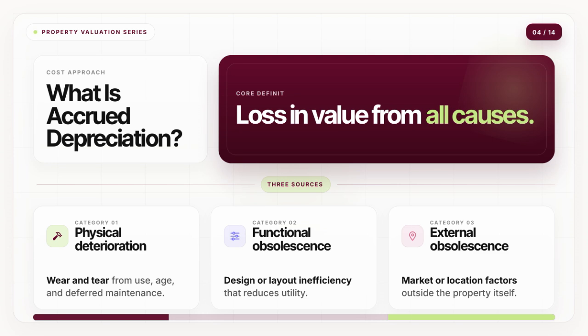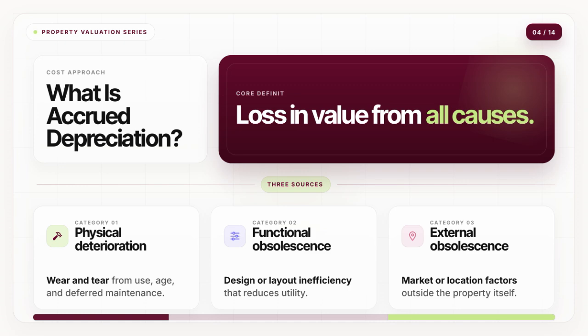Second, functional obsolescence refers to design or layout inefficiencies that make a property less useful or less desirable. Finally, external obsolescence comes from factors outside the property itself, like changes in the market or the location, which can negatively impact the property's value.